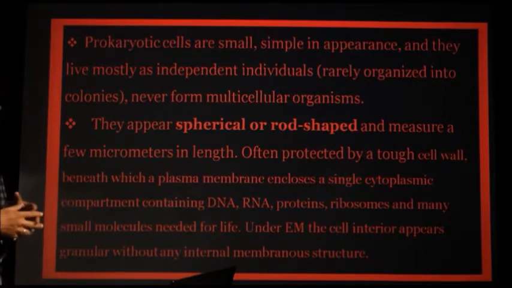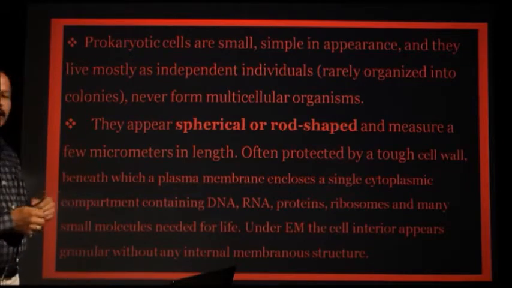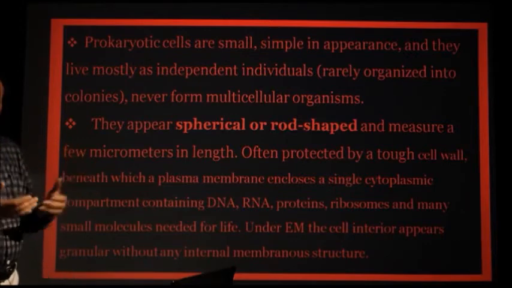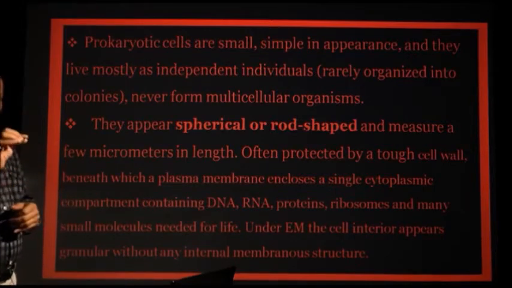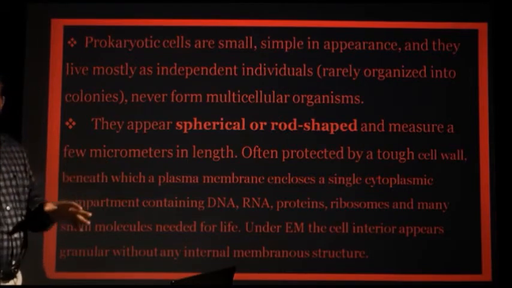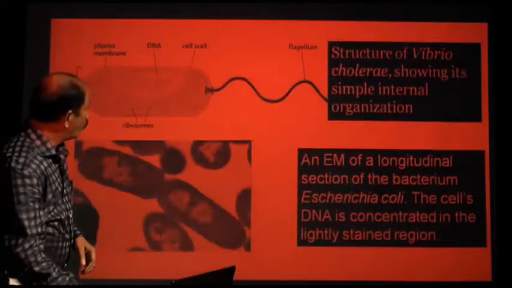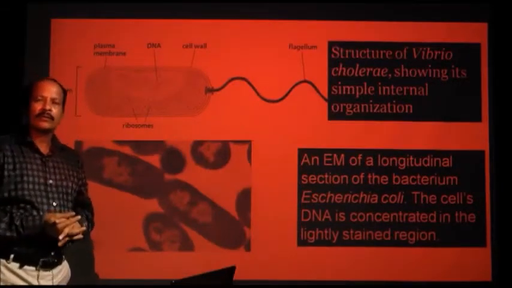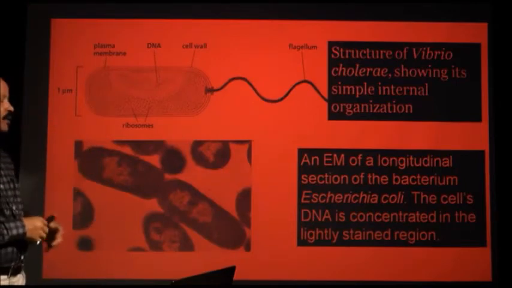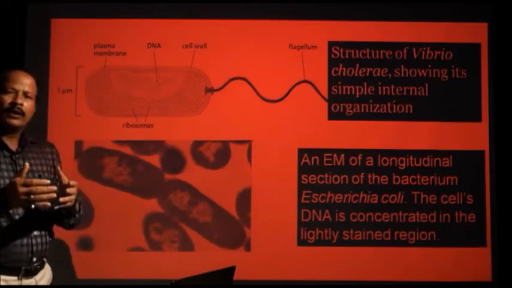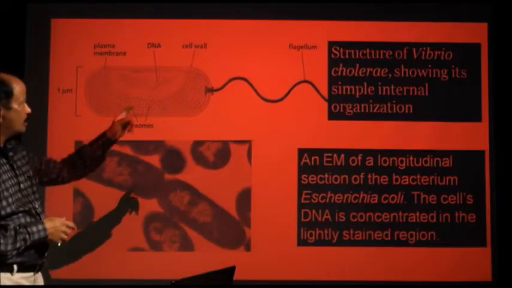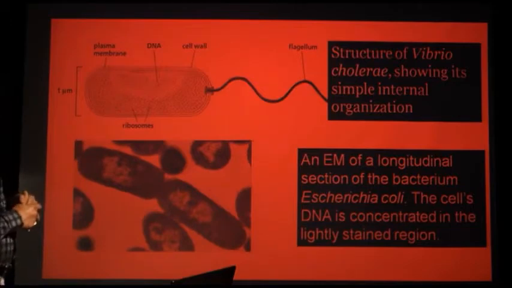When it is seen under electron microscope, the bacterial cells appear granular in the outer region. Let us have a look at the prokaryotic cells. One is a drawing, and the second one is an electron micrograph of an E. coli cell. The first one, if you read this, is Vibrio cholerae.